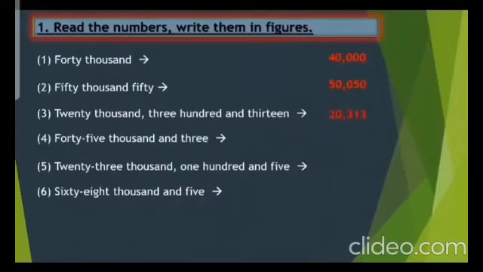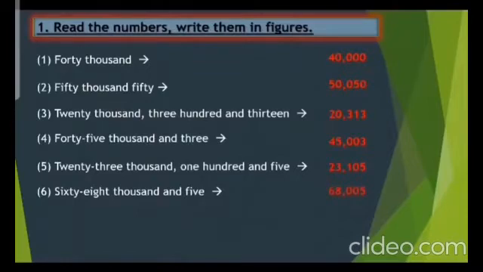Now see the fourth question, 45,003. Let's see the fifth question, 23,105. And the last question, question number 6, is 68,005. Children, this question you have to write down in your math notebook.